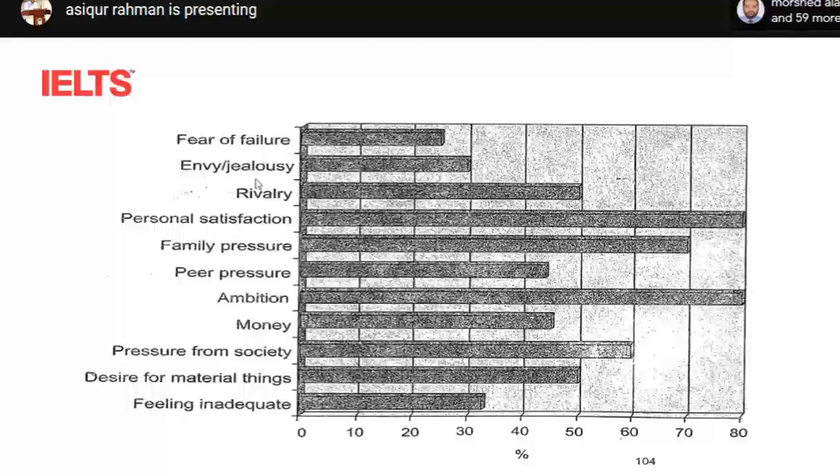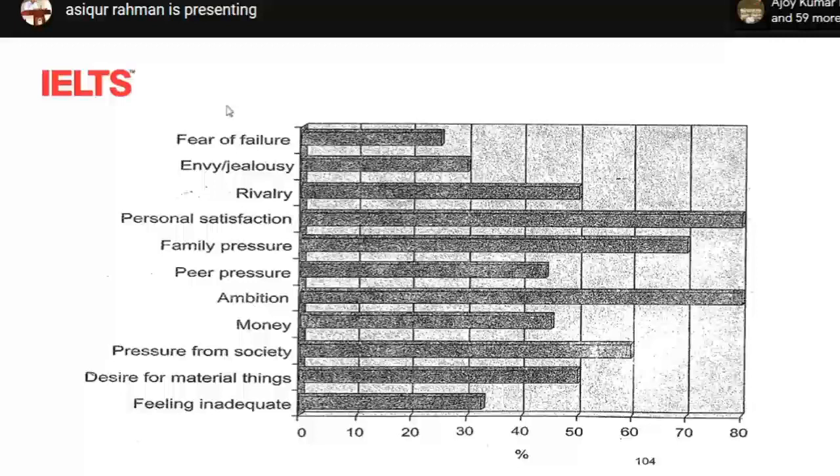As I can see, some of them are very personal factors. Some of them are related to others, isn't it? For example, family pressure, peer pressure, then pressure from the society. These are external pressures on them. And fear of failure or ambition, money, these are kind of personal urge. So you can call them other factors and personal factors.